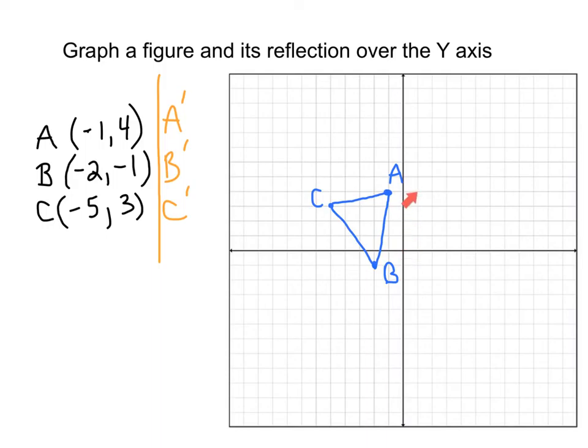So instead of being a -1, it's going to flip over to this side. It's going to be a +1 on the x-axis, and the y-coordinate stays at 4. I'm saying it's going to be the opposite of -1, which will be a +1. So I'll put that 1, and then my y-coordinate stays the same.